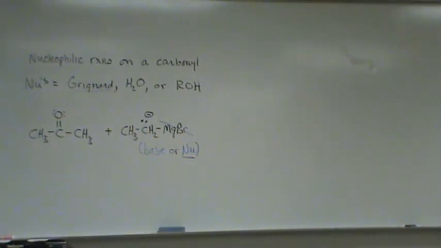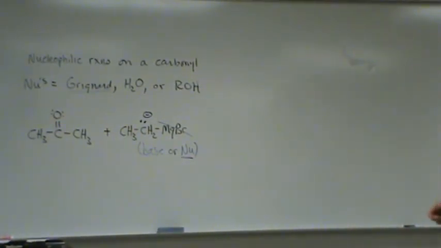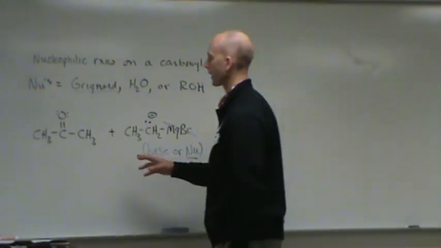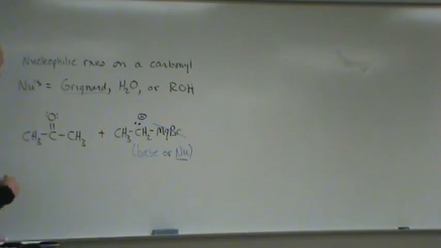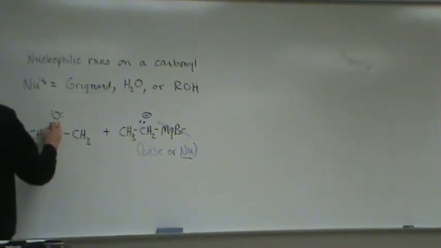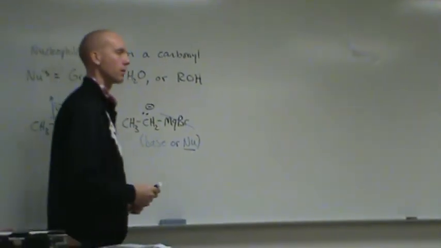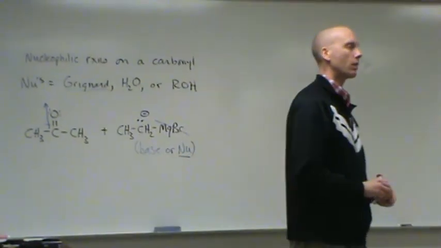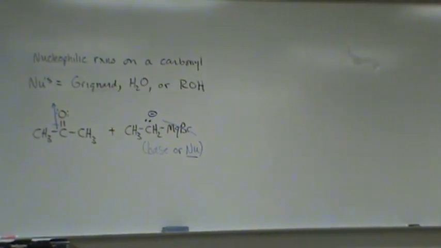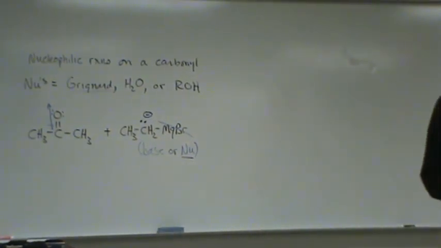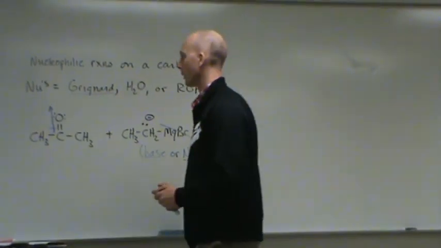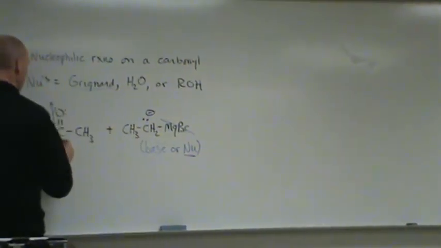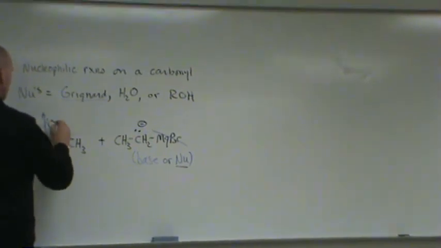Well, let's come over here and investigate acetone. The carbonyl has a strong dipole moment here. Why is that? Because oxygen is more electronegative than carbon. So remember, when you have a dipole moment, you can draw partial charges.